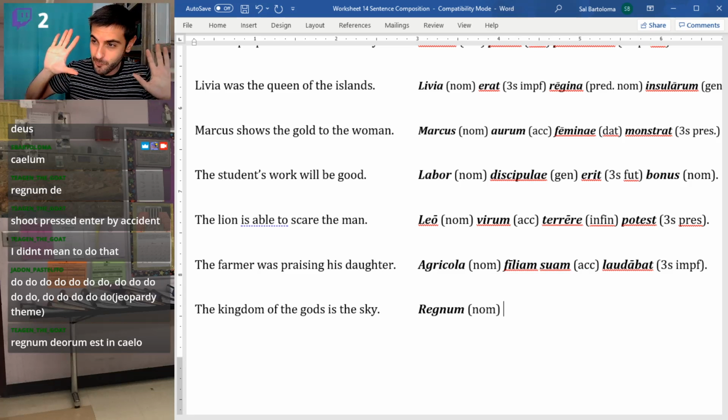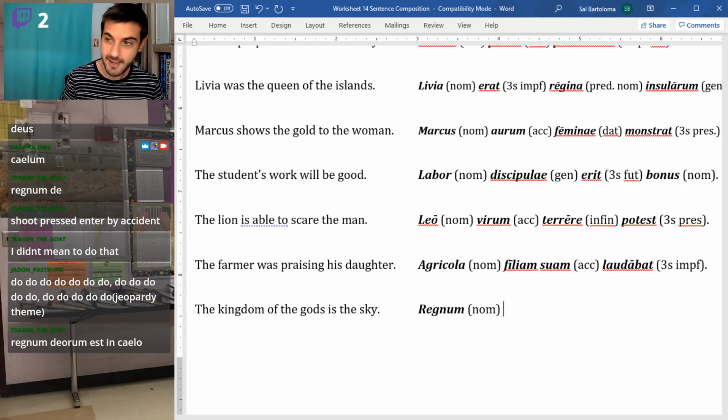Well done, except for one thing. I agree with that sentence. That sentence is very much correct. Except it's not what the English sentence says. So it doesn't say that the kingdom of the gods is in the sky. It says it is the sky. So we would probably say est, right? Our third singular present verb.